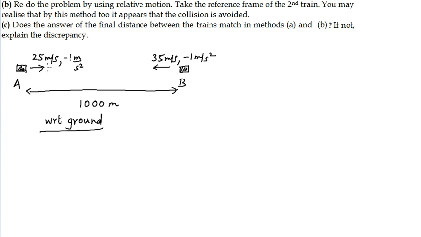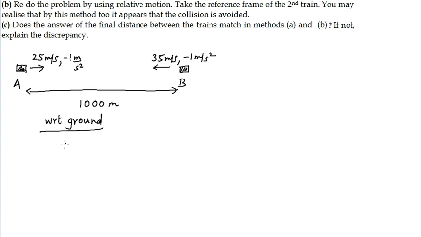Train A is traveling rightward at an initial velocity of 25 meters per second and an acceleration of minus 1 meter per second square. Both the velocity and the acceleration are measured with respect to the rightward arrow. Similarly, train B is traveling in the leftward direction, and with respect to this particular leftward arrow, the initial velocity of train B is 35 meters per second and its acceleration is minus 1 meter per second square.